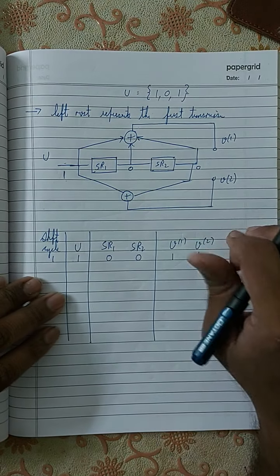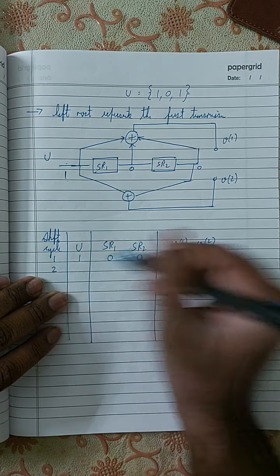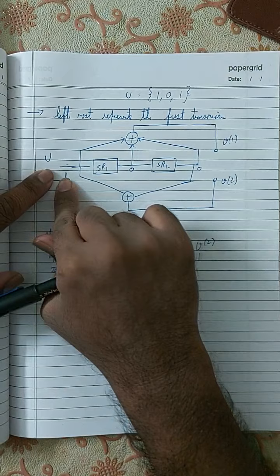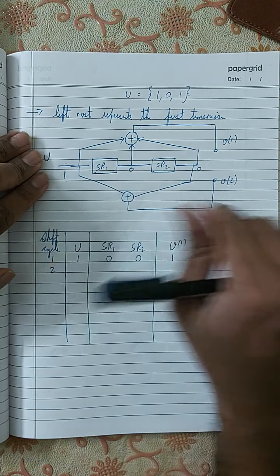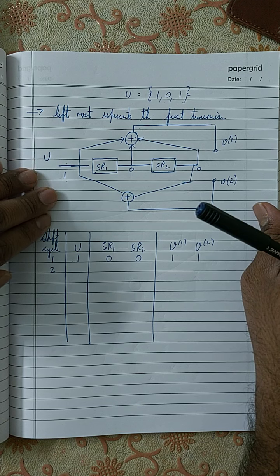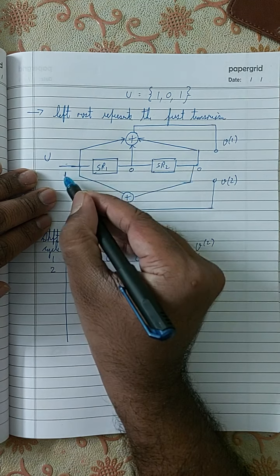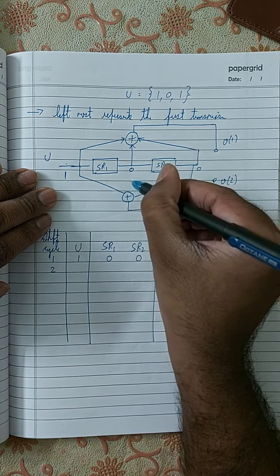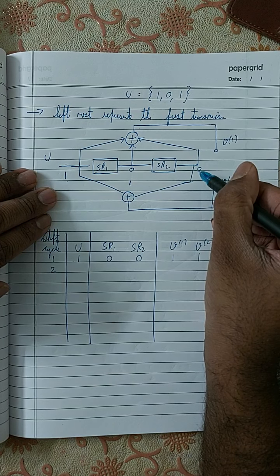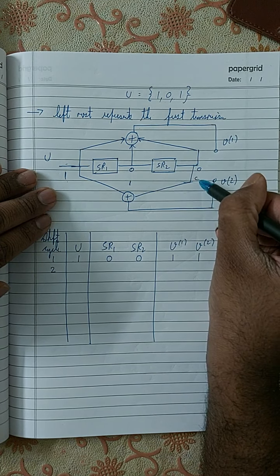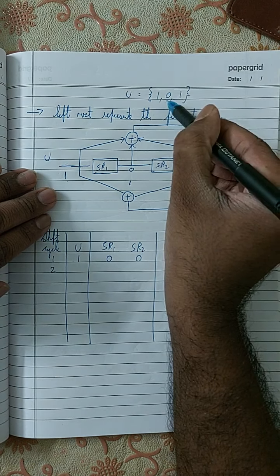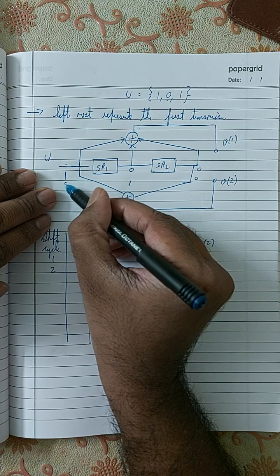Now on the second shift cycle, the input bit is now being shifted. When it's being shifted, this 1 goes over here, this 0 will be discarded, this 0 will be shifted over here, and the second bit, 0, will enter the circuit.